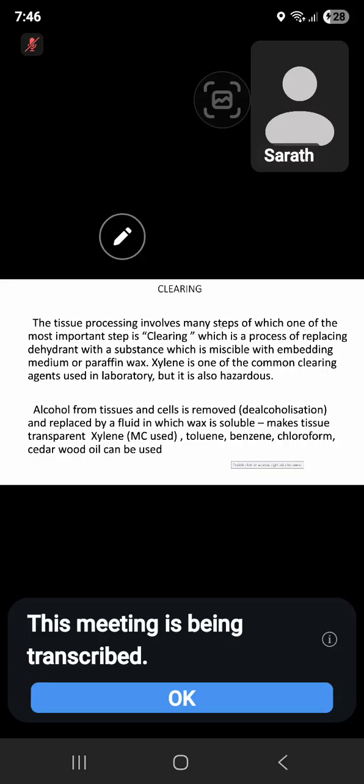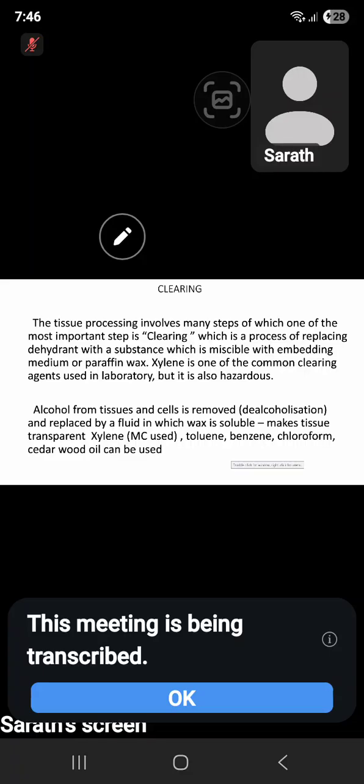Tissue processing involves many steps, of which one of the most important is clearing. Clearing is the process of replacing the dehydrant with a substance which is miscible with the embedding medium. Now we are going to remove the alcohol with some agent that has a special property. What is that property?